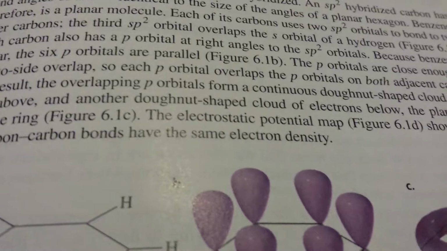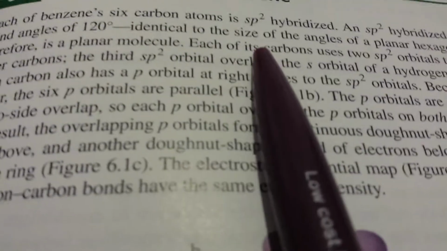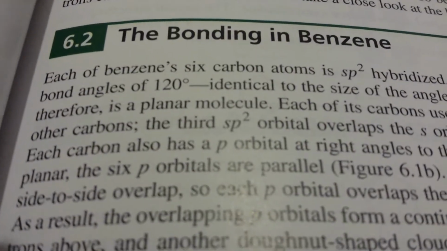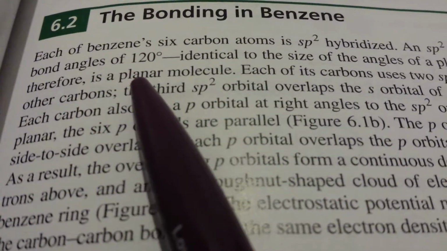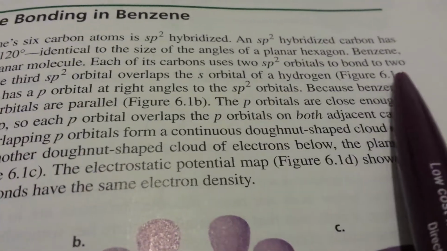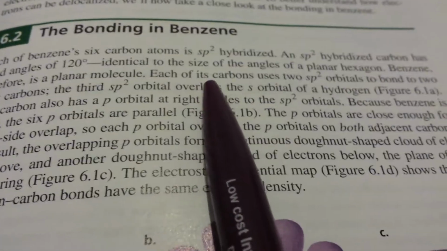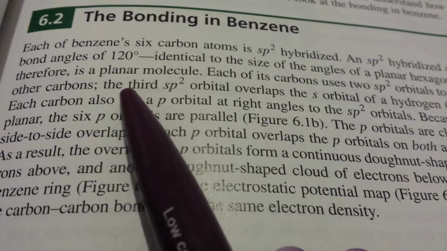I want to make this angle clearer. Therefore, it is a planar molecule; each of its carbons uses 2 sp2 orbitals to bond to 2 other carbon atoms.